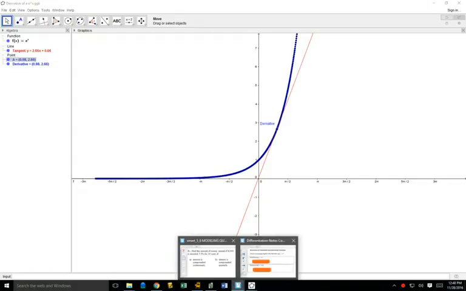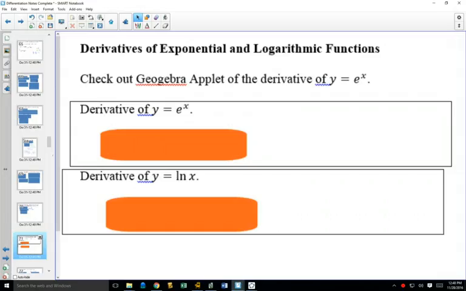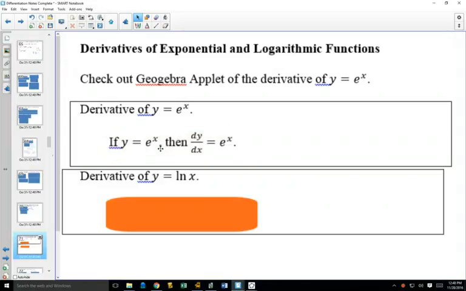So if we go back to our notes here, the derivative of e to the x is e to the x. And that's partially why the number e is special. 2.71828, 1828, yes. Here I wrote it in Leibniz notation. You could also write it like that.